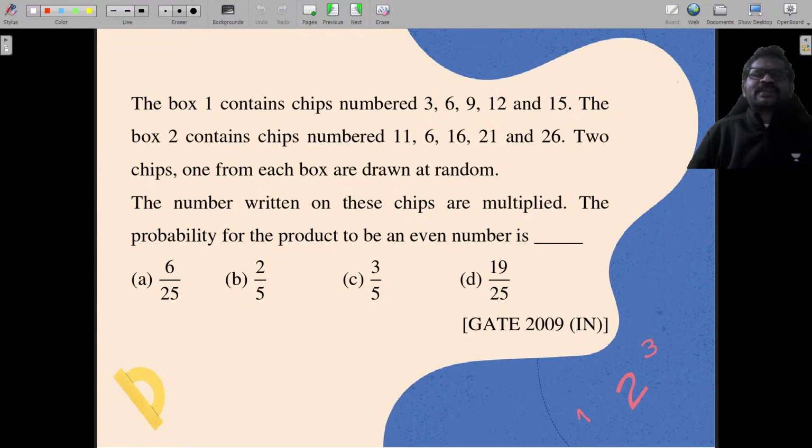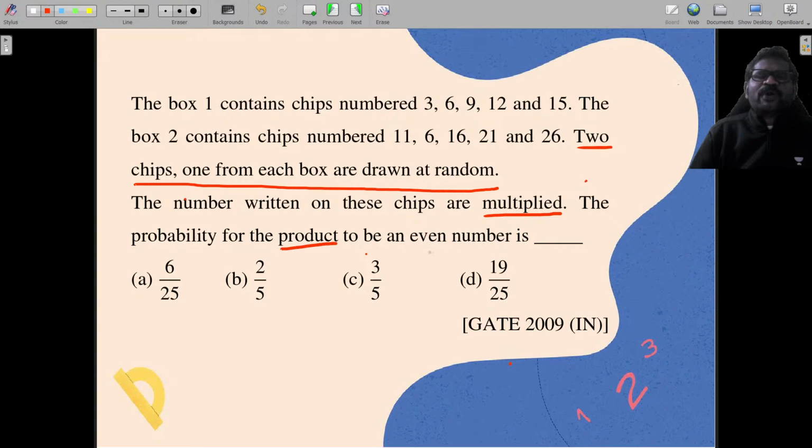Next problem. Box 1 contains chips numbered 3, 6, 9, 12, 15. Box 2 contains chips numbered 11, 6, 16, 21, 26. 2 chips, 1 from each box. This is the keyword. 2 chips are drawn, one from each box, at random. The numbers on these chips are multiplied.